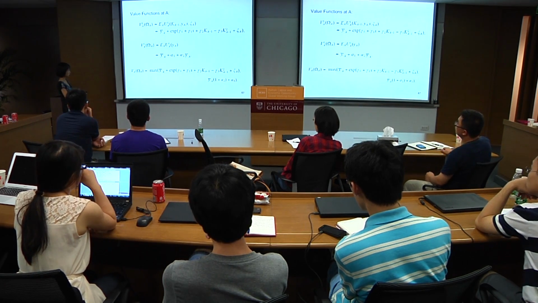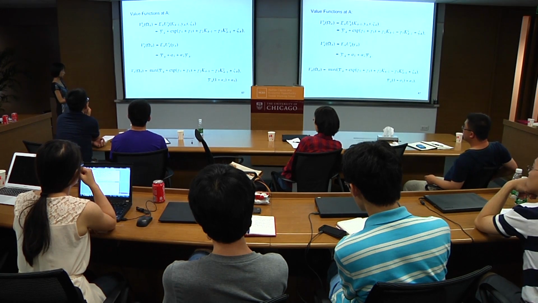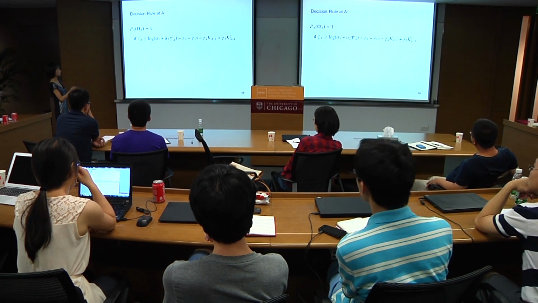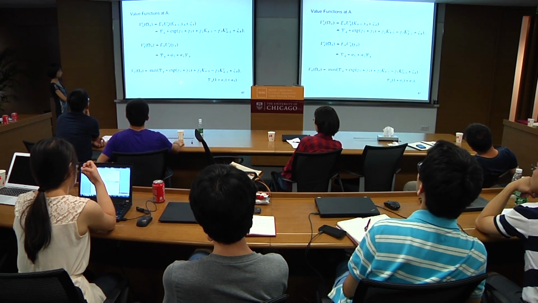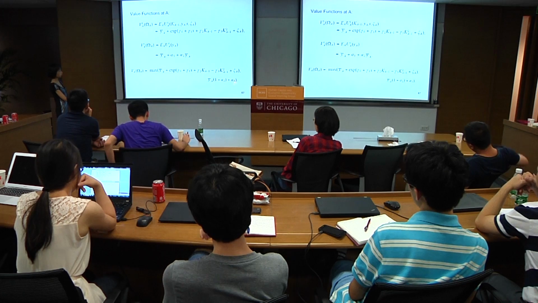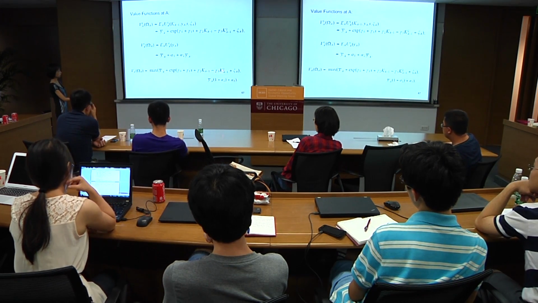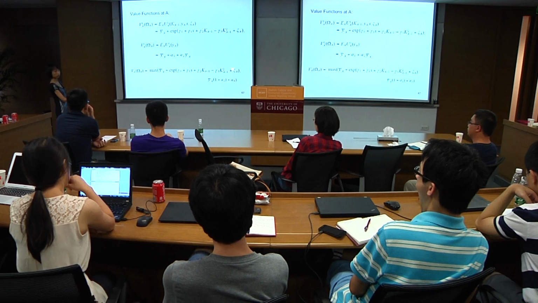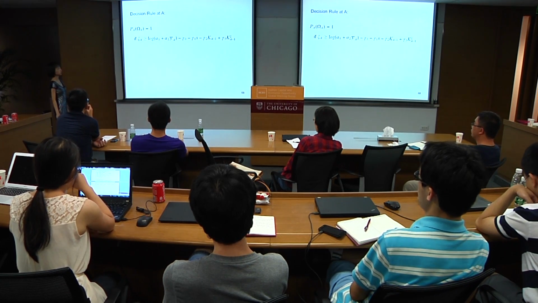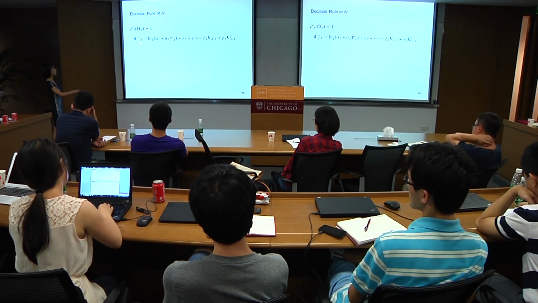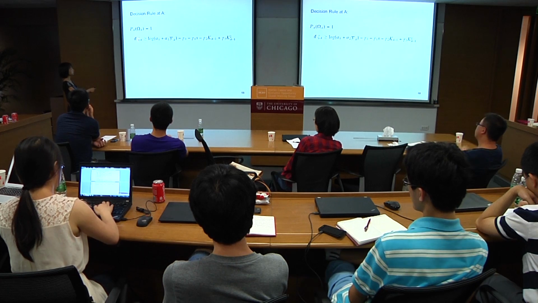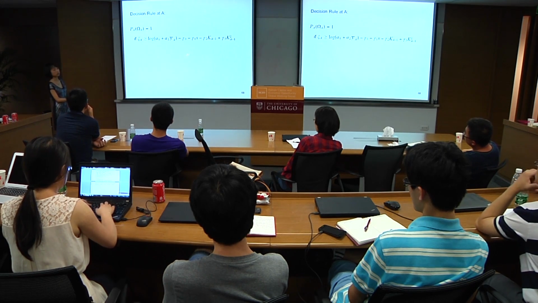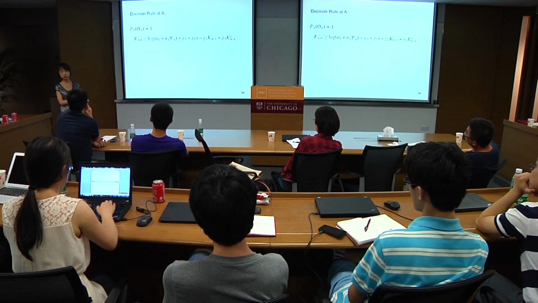And I want you to write this out. The decision rule would be, compare this with this. Move this part to the left-hand side or move this part to the right-hand side. Just single out this thing. And again, you get a cutoff rule. You would participate in the last period if your last period wage shock is high enough. It's just like the static model, right? It's so simple.